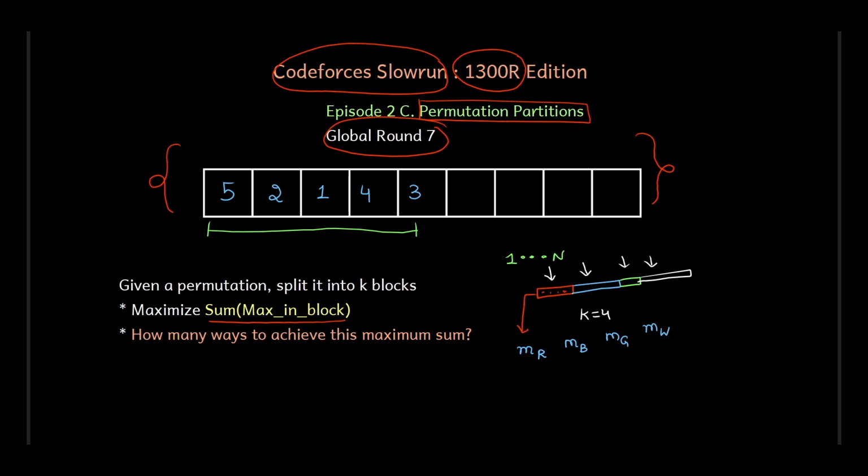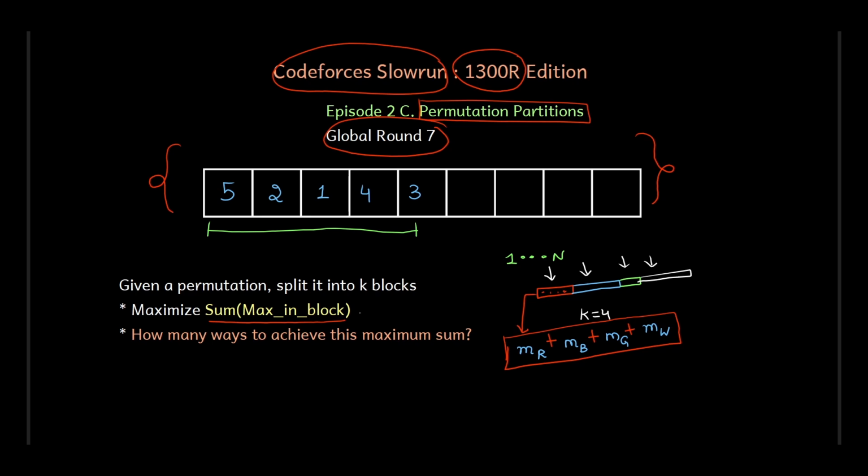Then you have to compute the sum of all the maximas from each block, and you have to split the blocks in an optimal way such that this value is maximized.